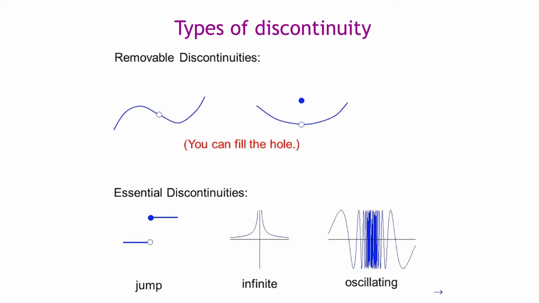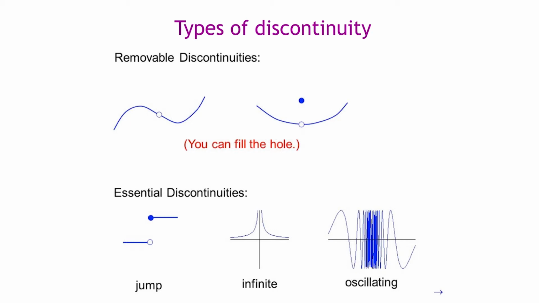Here's a summary of the types of discontinuity. There are removable discontinuities, such that the curve is largely continuous, except for there being one or more holes. Then there are more serious discontinuities, such as jump, infinite discontinuity, and oscillating discontinuity.